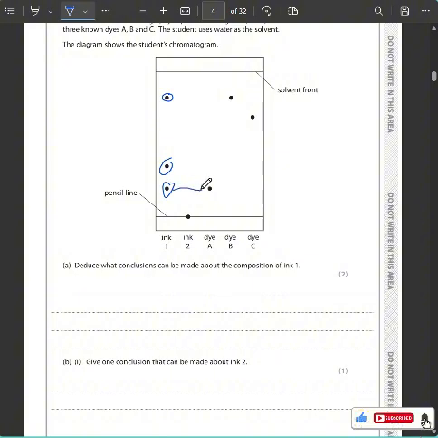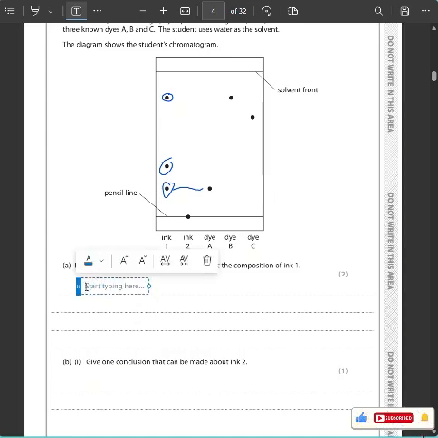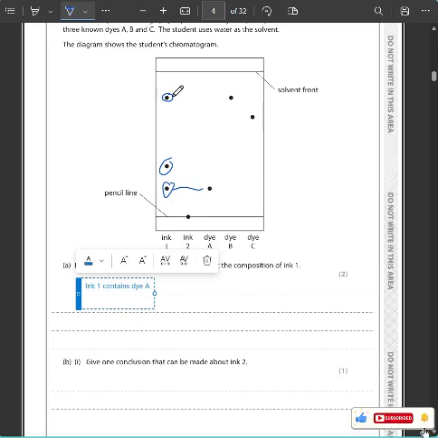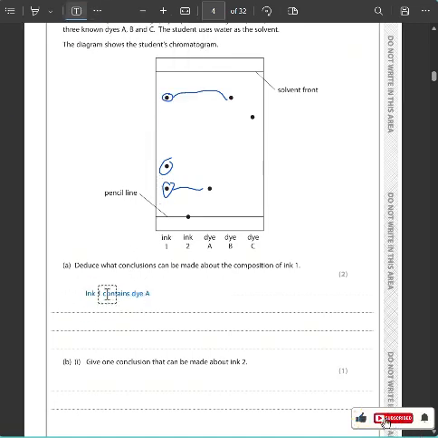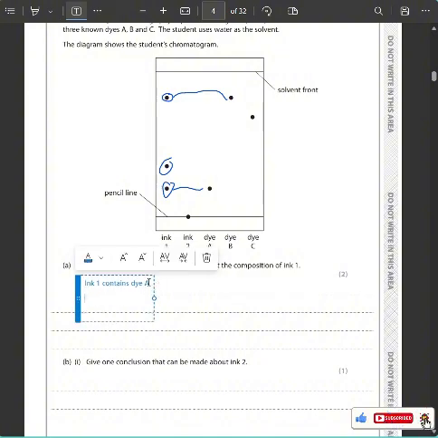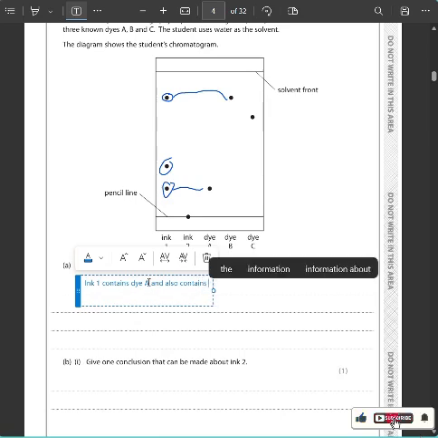And we can see that ink 1 contains dye A, and we can write that ink 1 contains dye A. The next one made the same spot as dye B. It means that ink 1 also contains dye B. And as we can see, it doesn't contain dye C.